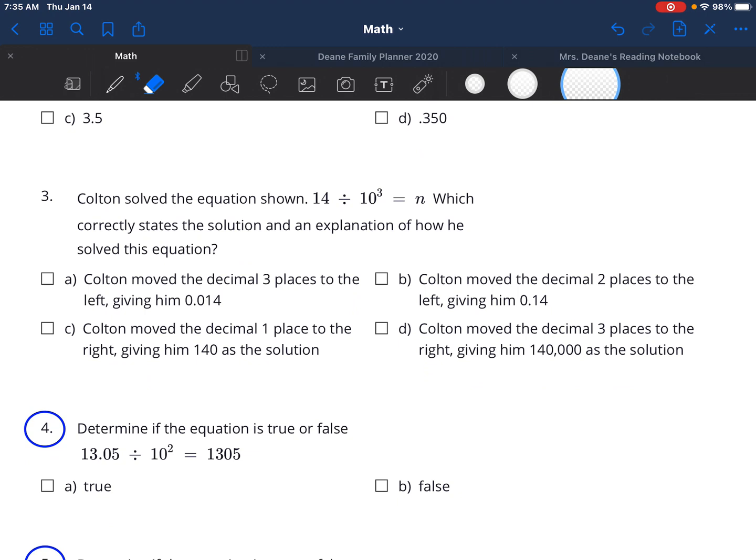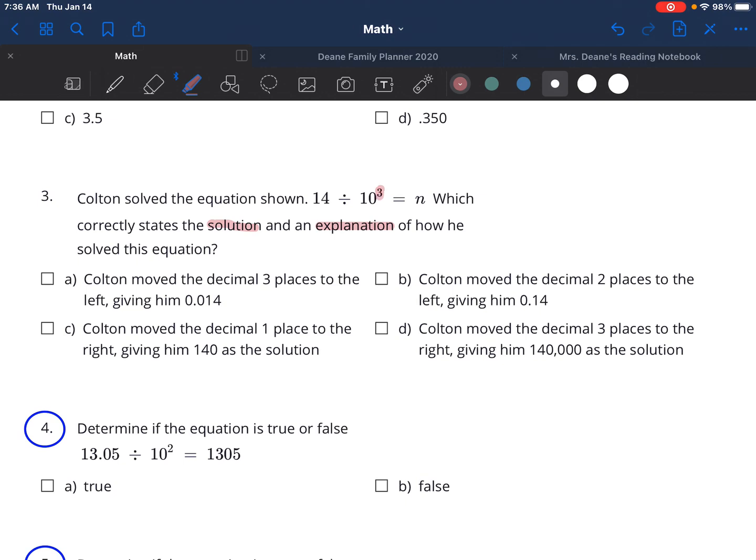Number 3 says Colton solved the equation shown. 14 divided by 10 to the third power equals n, which correctly states the solution and an explanation of how he solved this equation. So the first thing you'd want to do is solve 14 divided by 10 to the third power. We know that the exponent of 3 is telling us how many places we have to move our decimal.